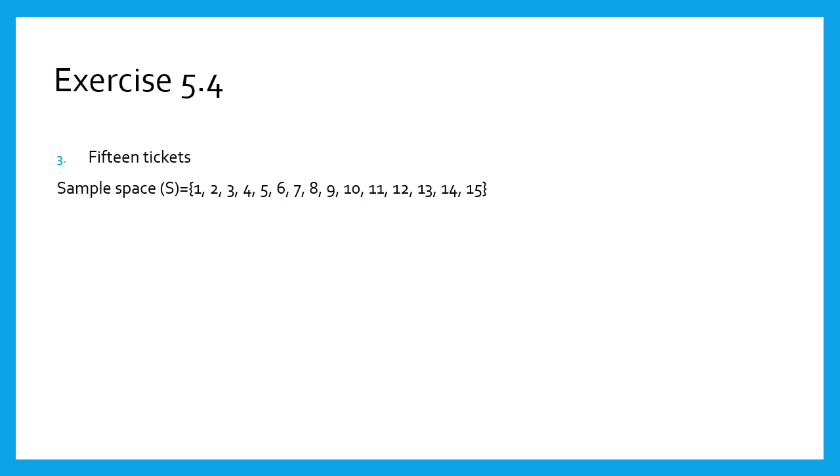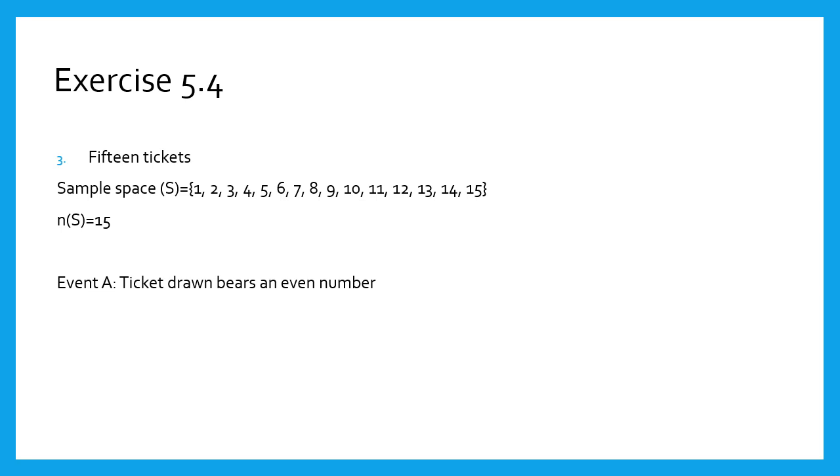Girls, read the third question from your textbook. There are 15 tickets. Therefore, sample space S is equal to natural numbers from 1 to 15. Thus, n(S) = 15. First event A. Ticket drawn bears an even number.